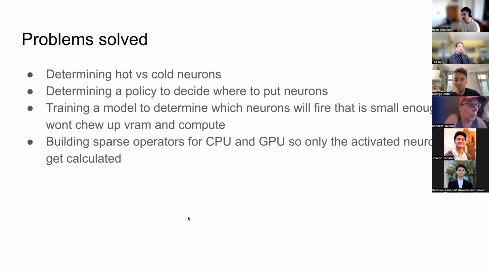And the final bit is they had to build sparse operators. Right now, any matrix multiply you do with PyTorch is going to do the full matrix multiply, even if a bunch of the values are zero. So they had to build out the stuff to actually do the sparse operations on GPU and CPU, and then sync them up.